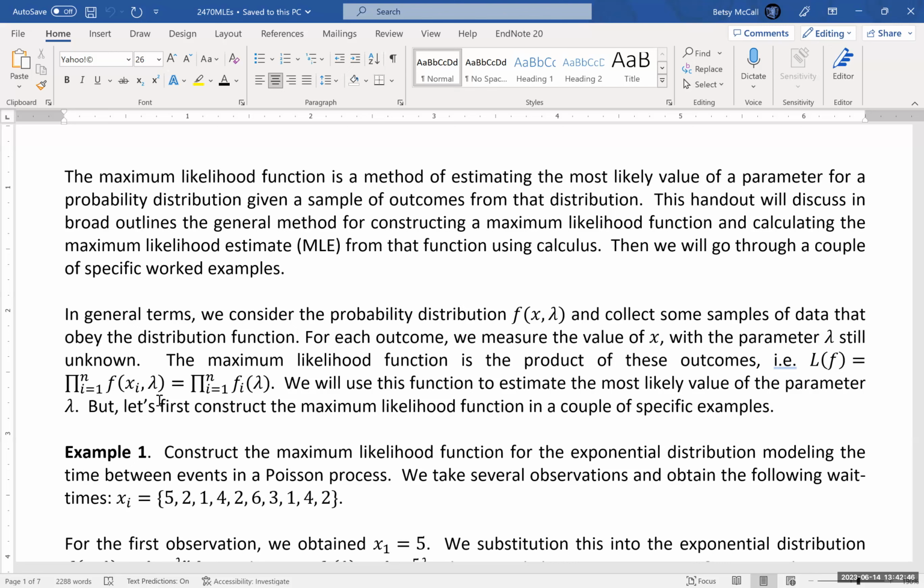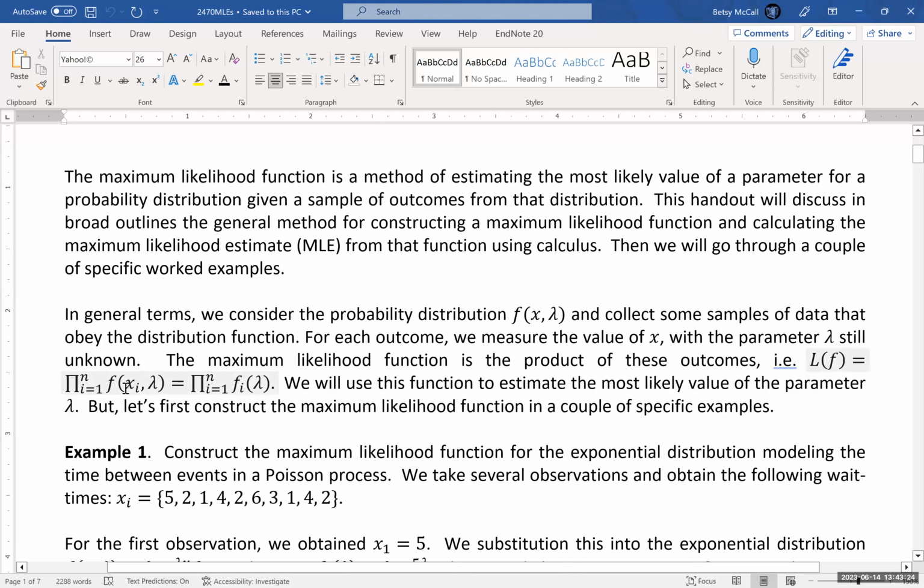We have the observations that we've gotten from data, the X's, and what we don't know is the parameter lambda. So sometimes you'll see this notation where the probability distribution is designated as F, and we have the likelihood function for that probability function designated as L of F. It's constructed as a function of the missing parameter or parameters, and it's built from this capital Pi, which indicates a product.